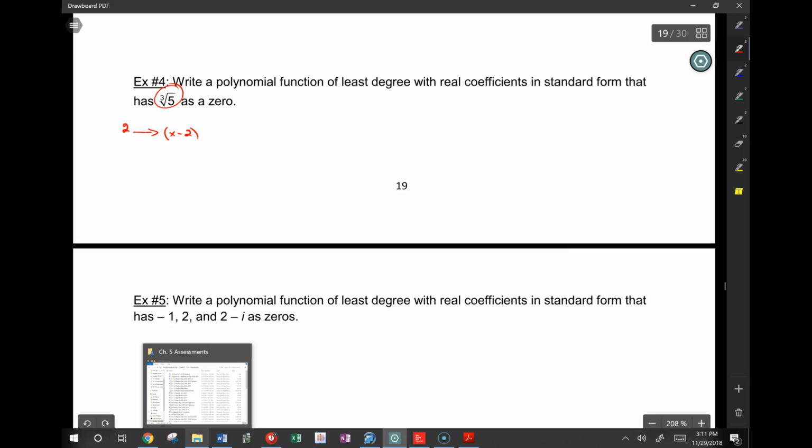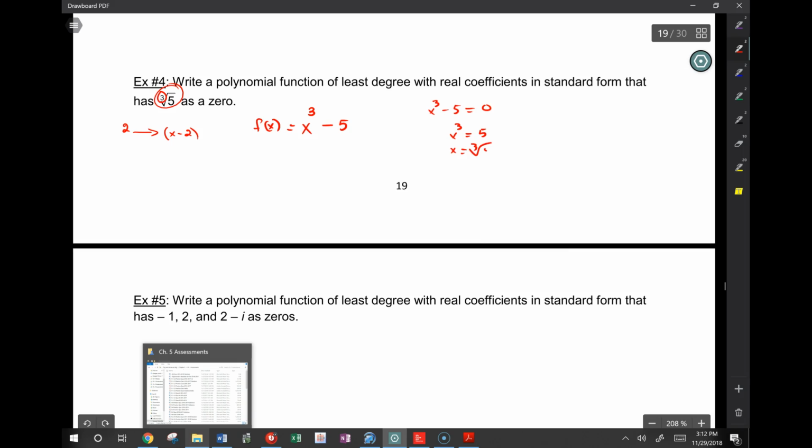Okay, so how do we get cube root of 5 as a 0? There must have been an x cubed, right? So, because the index is 3, I say x to the power of 3 minus 5 equals f of x.